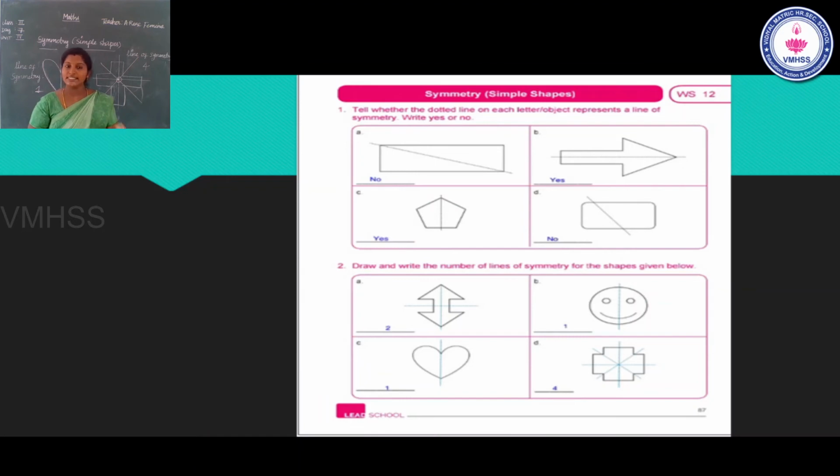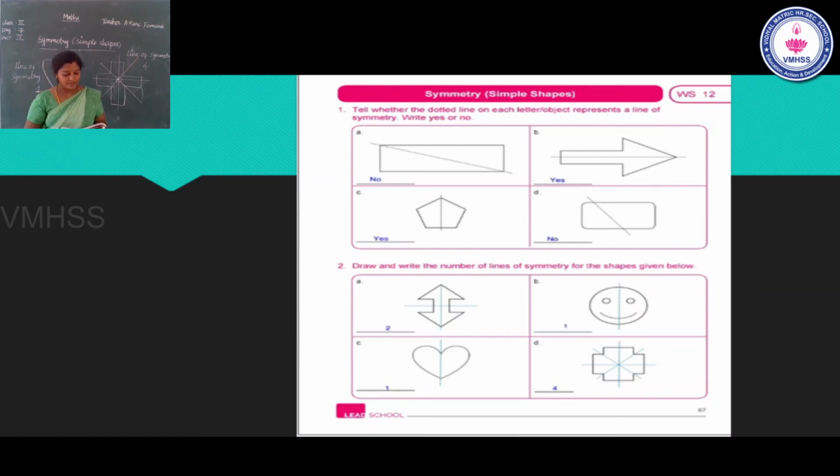First one is no. So this is asymmetrical. Second one is yes. So this is a symmetrical image. Third one is yes. Next one D. No, asymmetrical. So this is asymmetrical.